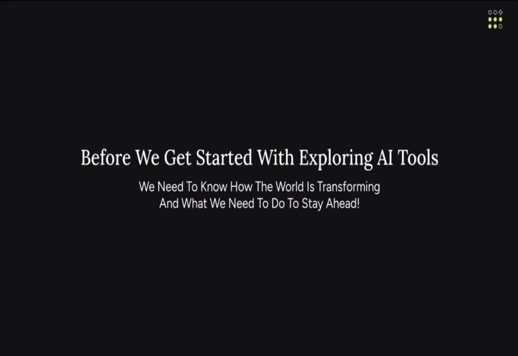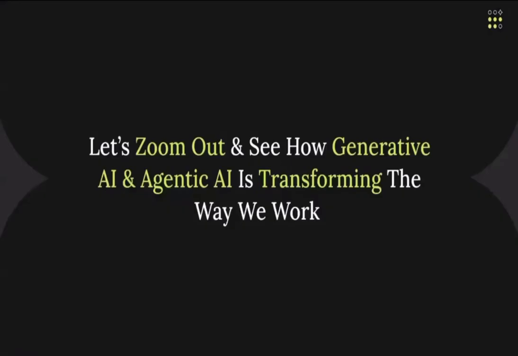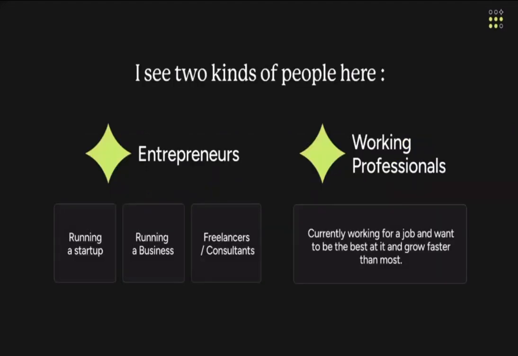All right. Now, what is that? For that, let's zoom out first. Before all these AI tools, AI agents, everything, let's zoom out and actually see how AI is transforming the way we work to start with, because this is very important context for all of you to know. And that is, I see two kinds of people here.